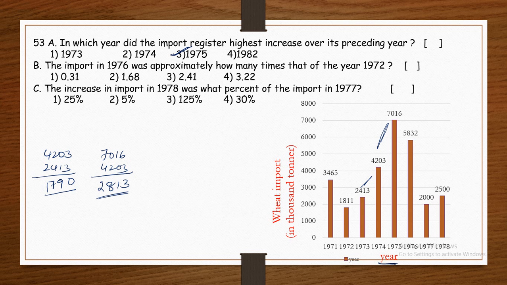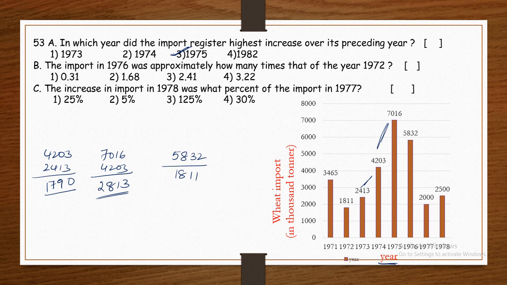Next, the import in 1976 was approximately how many times that of the year 1972? So it is asking the relation between 1976 and 1972. In 1976 it is 5832, divided by 1972 which is 1811.